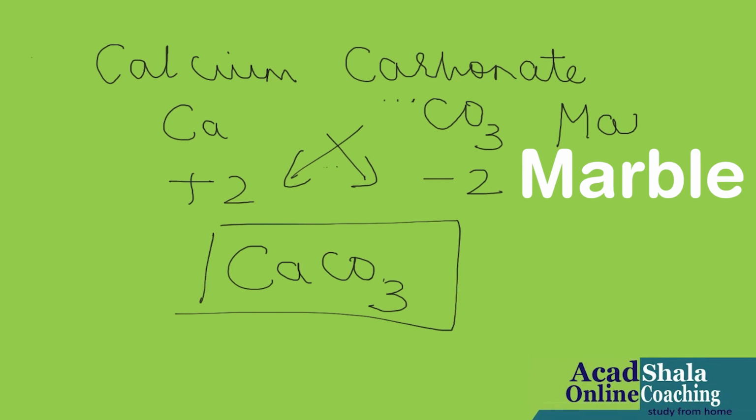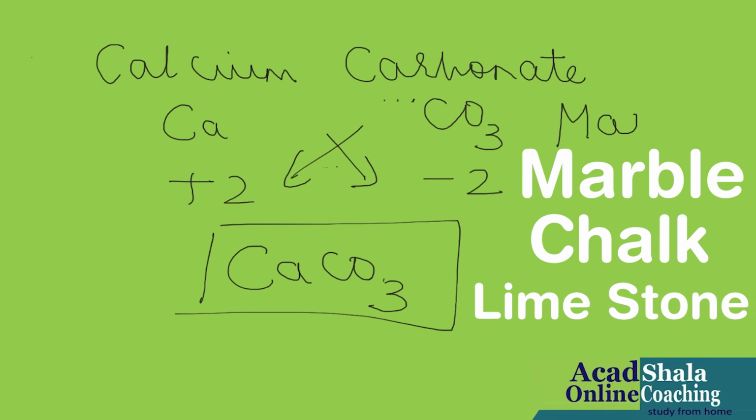Its another name is chalk. Its another name is limestone. So, calcium carbonate is called by three common names: marble, chalk, limestone. Now, whenever I talk about marble, you should know immediately, ma'am is talking about calcium carbonate.